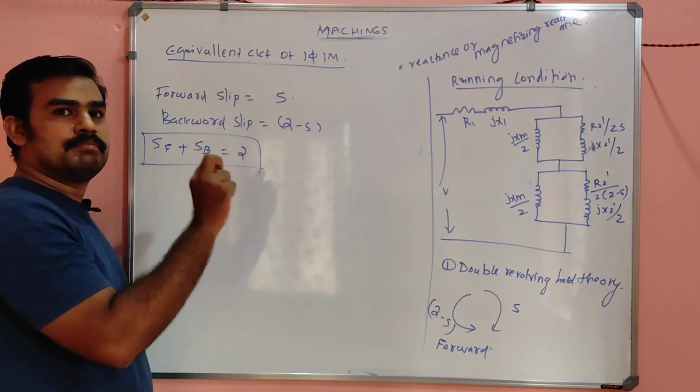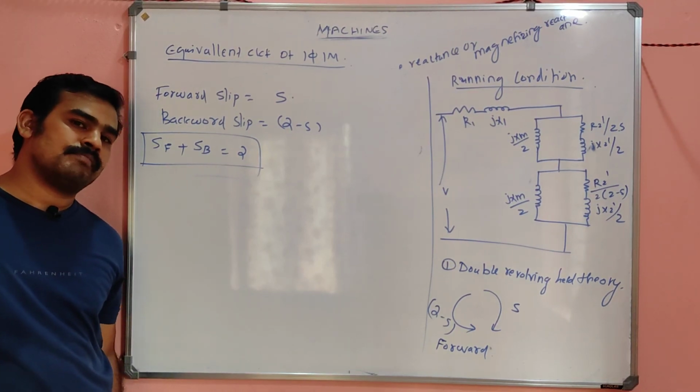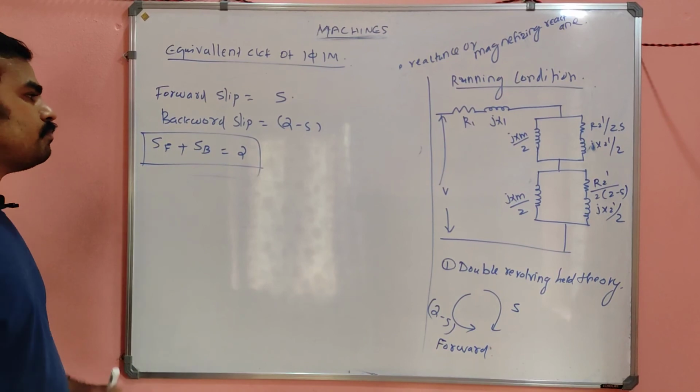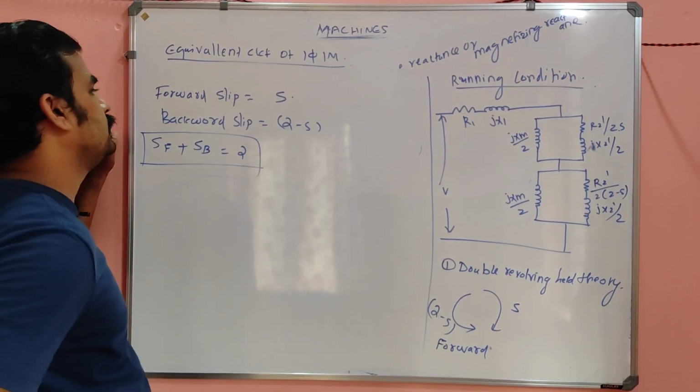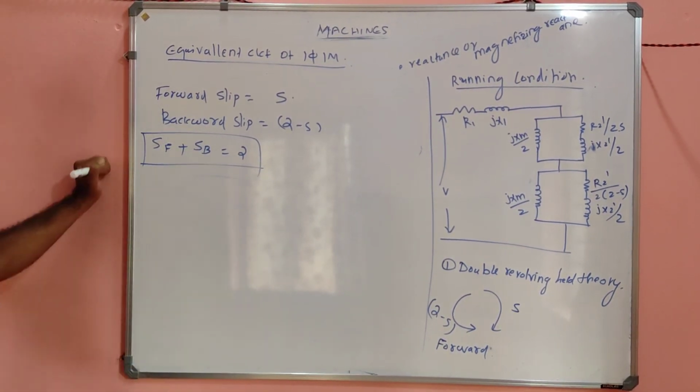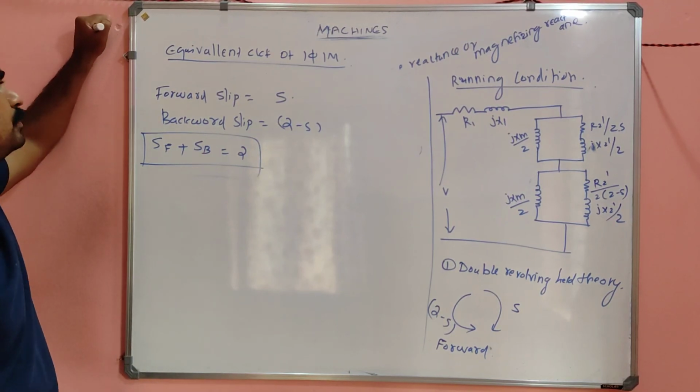So S is the forward slip, which means 2 minus S will be the backward slip. Or 2 minus the forward slip will be the backward slip. Substitute the forward slip, and the sum of forward and backward slip will be equal to 2. Satisfied? Say okay. That's all.